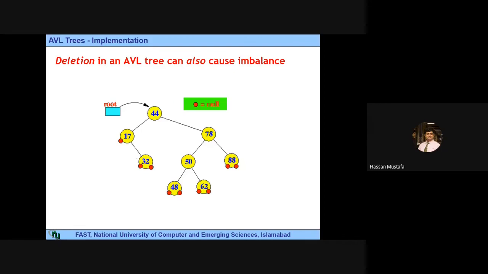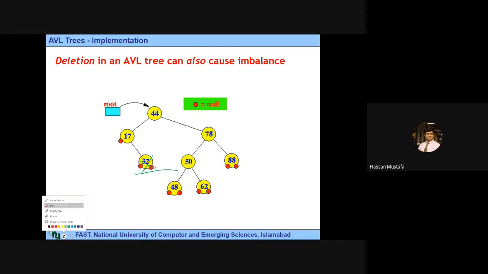So in this tree, for example, if we perform a BST delete on this node number 32, previously this tree was a balanced tree. But after deleting a node on the shorter branch, this 32 is already on the shorter branch. You see, this branch is the longer branch. If we delete 32 from this branch, this branch becomes further shorter.